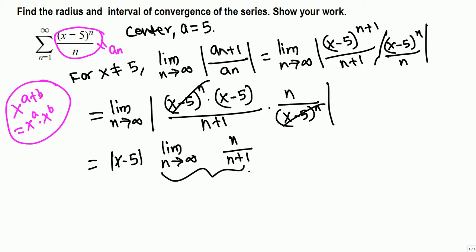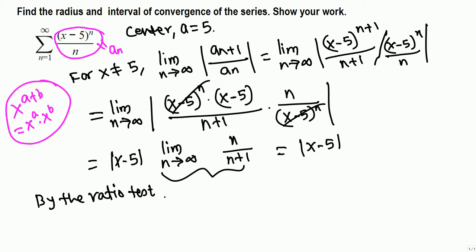And how about this limit? This is an infinite limit that depends on the leading terms, n over n, which is 1, so this limit is 1, so we get absolute value of x minus 5. And we know by the ratio test, this series converges when this limit is less than 1, and the series diverges when this is bigger than 1.